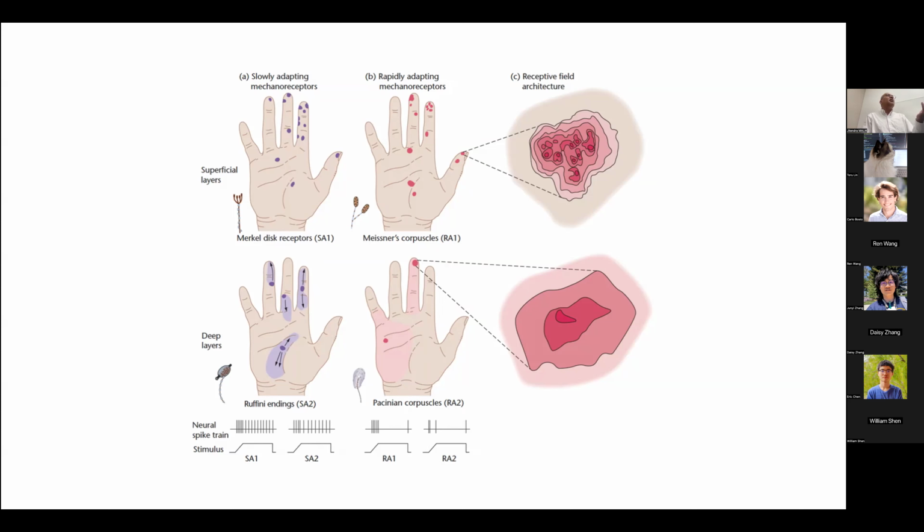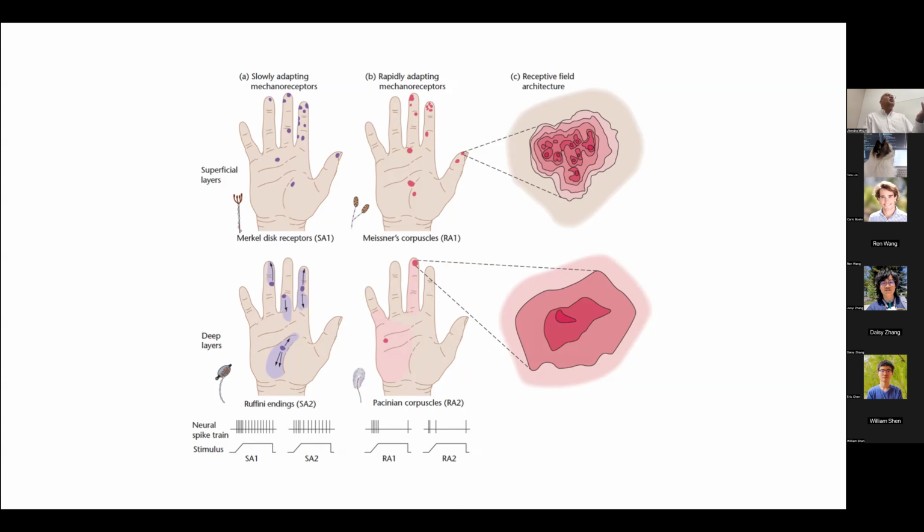Okay. Let's look at Meissner's corpuscles. They are rapidly adapting. What that means is that when I press something on the skin, as soon as that event happens, there is a sharp change, and so it's going to respond very fast. Now if you look at the bottom, this is the spike train.